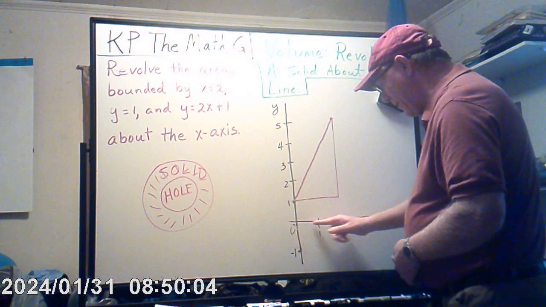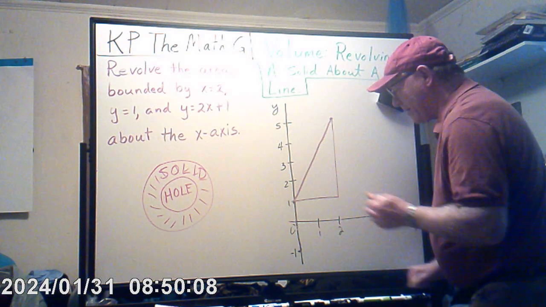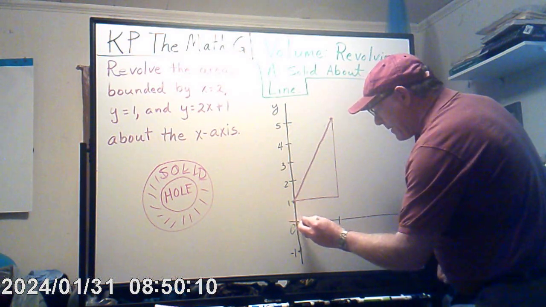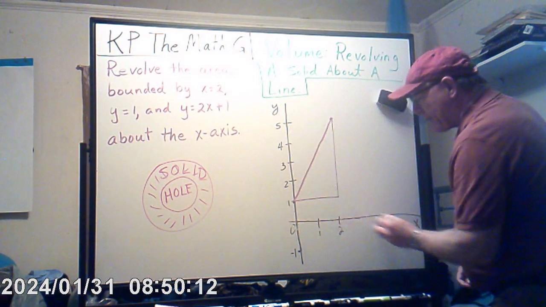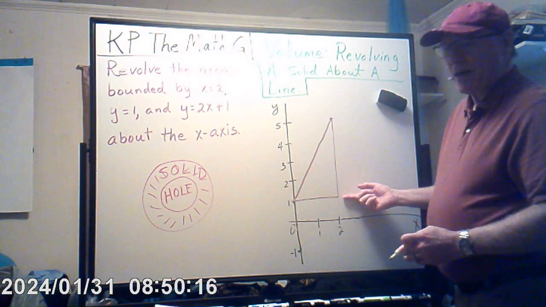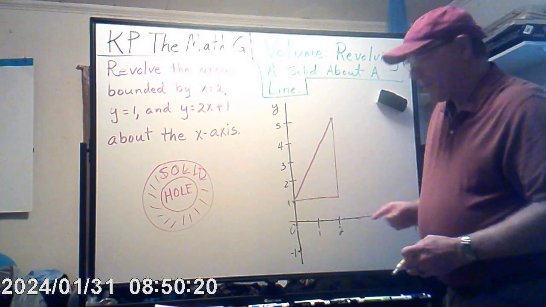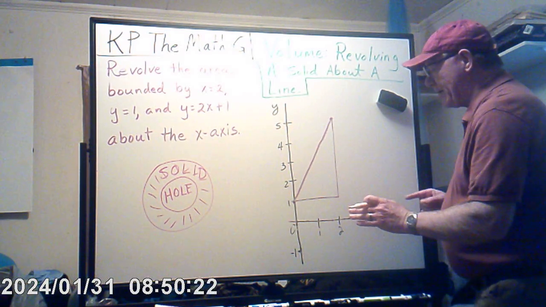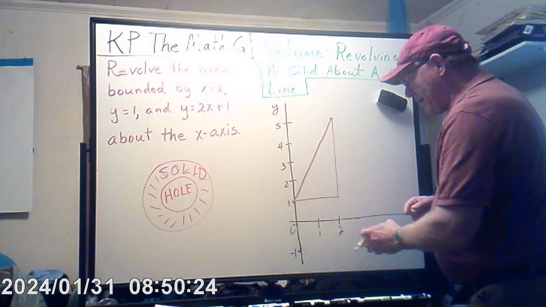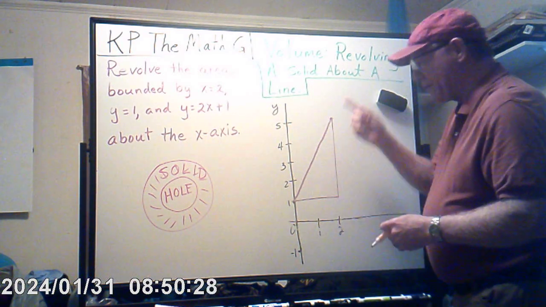So we're going to revolve it about this axis here. In yesterday's video we revolved it about the line y equals 1. But if you notice about that one, you got a disk from that one. It's a solid of revolution.